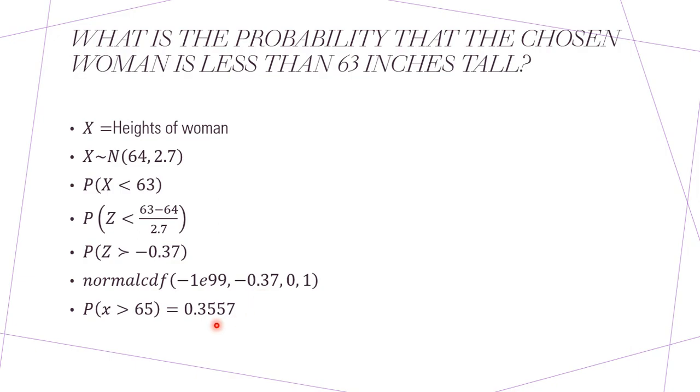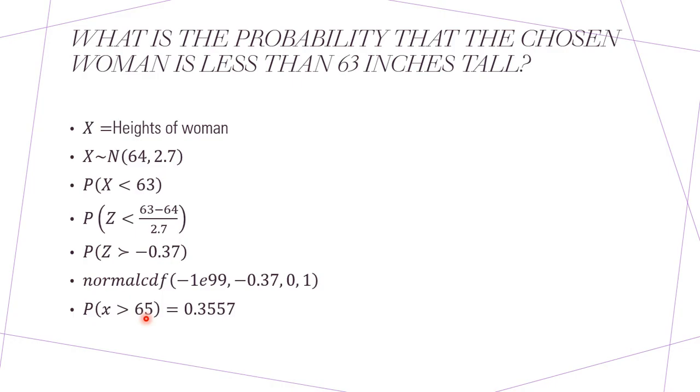And again, if you notice, this one is the same probability as 65. Now there's an error here. This should be less than 63, but they do come up with the exact same value. And the reason is because they're both 1 inch above and below the mean.